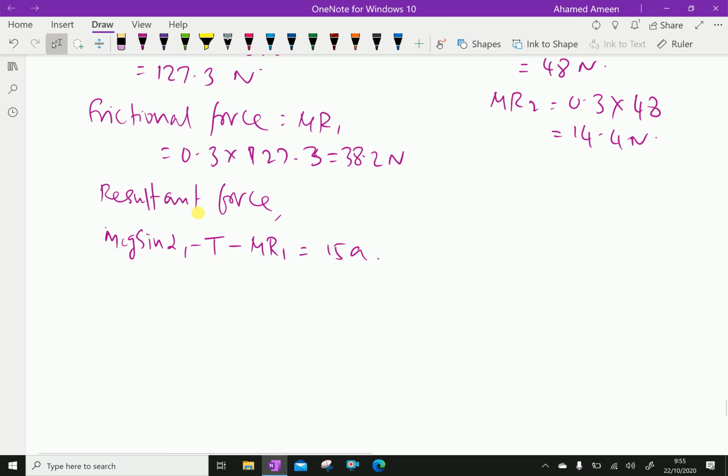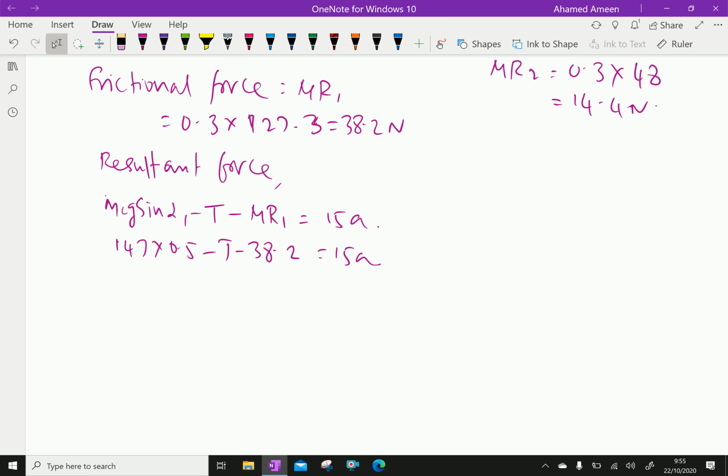By putting in the values and simplifying, 147 into sine 30, which is 0.5, minus tension, minus mu R1 which is 38.2, equals 15a. So finally we have 35.3 minus tension equals mass into acceleration, 15a.